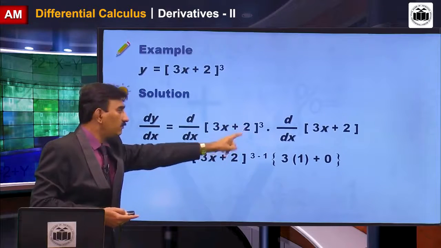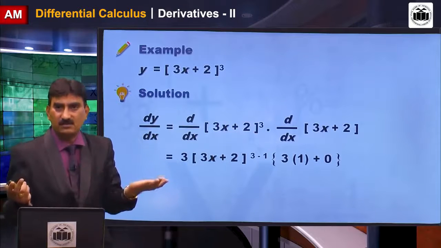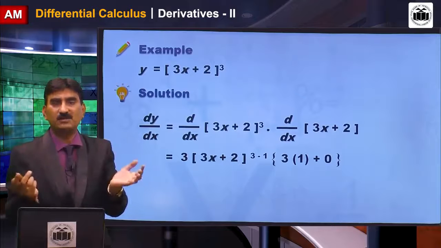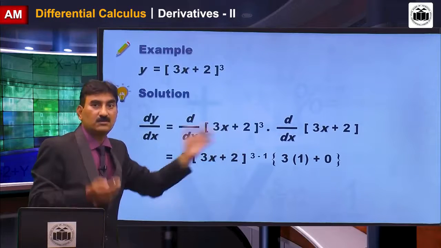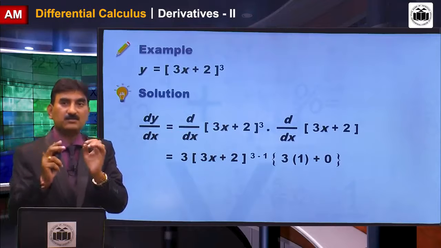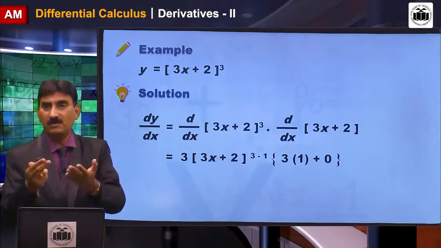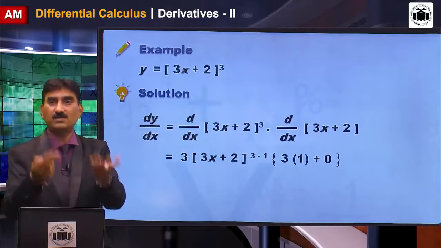It is 1. Plus 2 is without x, that means it is a pure constant and the derivative of pure constant is 0.